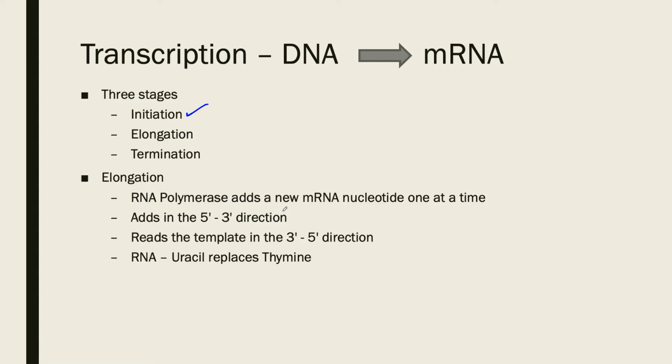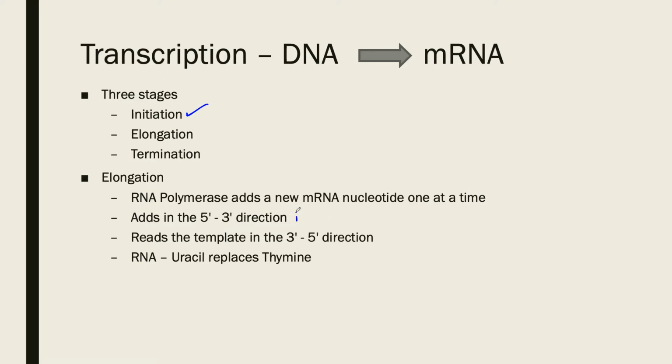And the direction, remember we talk about DNA and RNA in direction 5' to 3' based on the position of those carbons around the sugar. So it's just giving us an idea of the direction of those strands. So the polymerase is going to add nucleotides in the 5' to 3' direction.